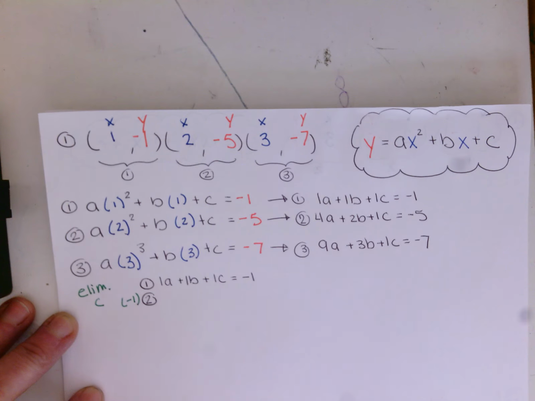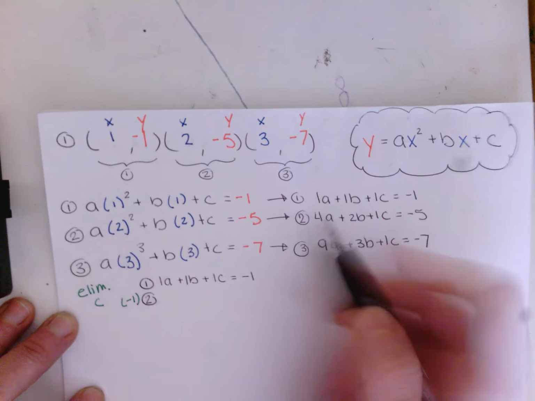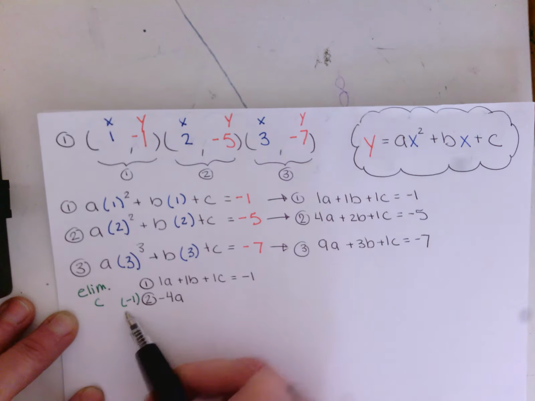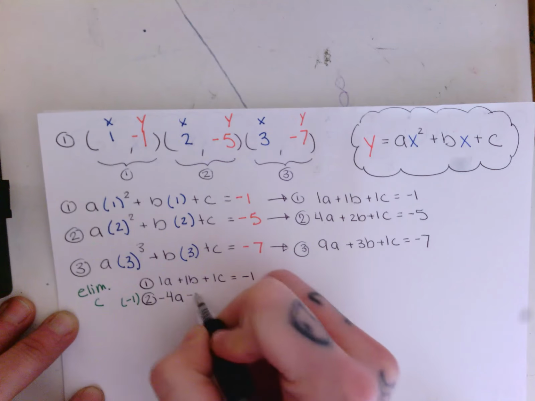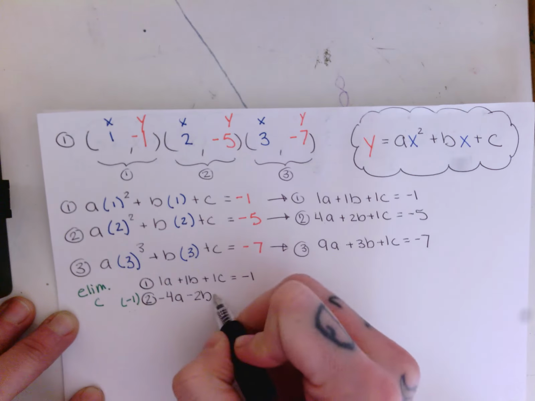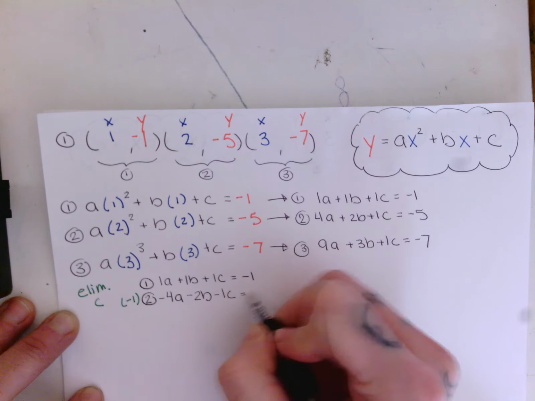But for number 2, I'm going to do -1 times +4a, -1 times +2b, -1 times the 1c, -1 times the -5.